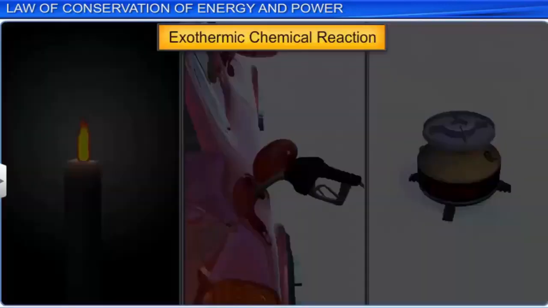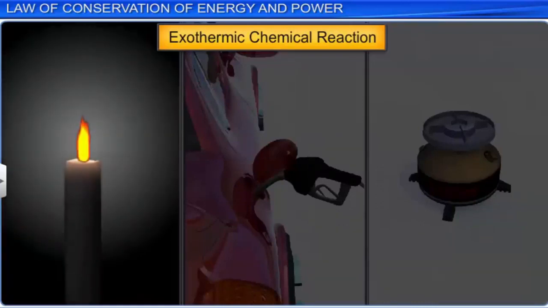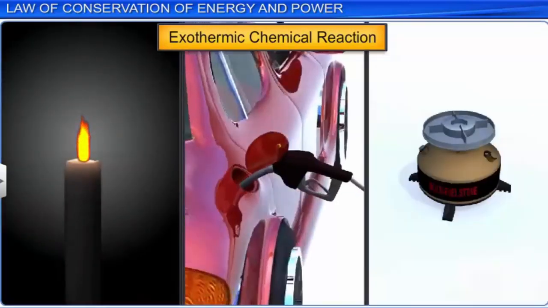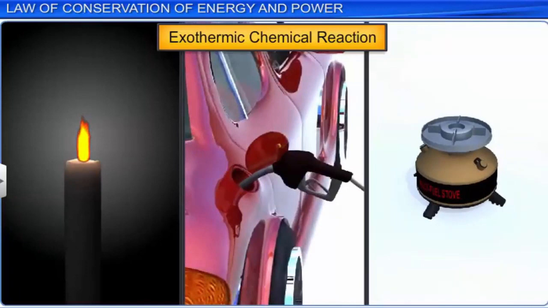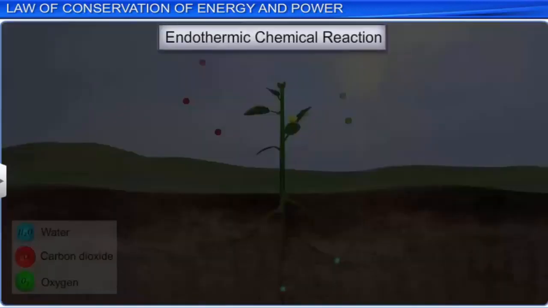Hence, exothermic reactions like combustion of fuels are indispensable in catering to our daily energy needs. There are some other chemical reactions that absorb heat during the reaction and are called endothermic reactions.